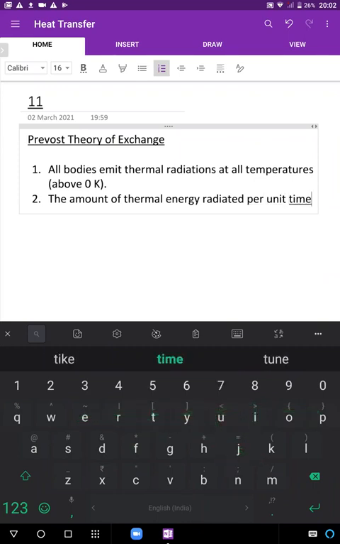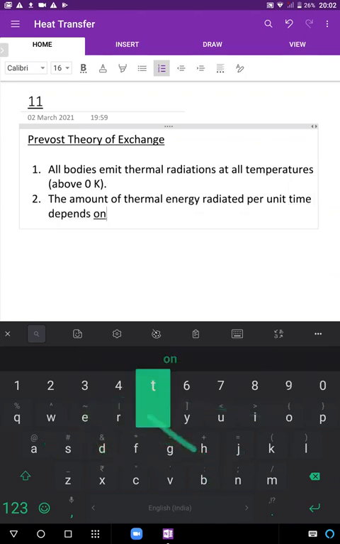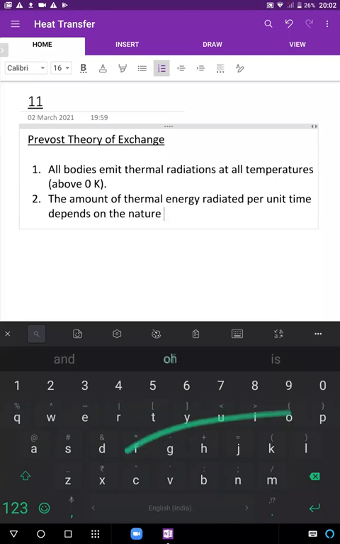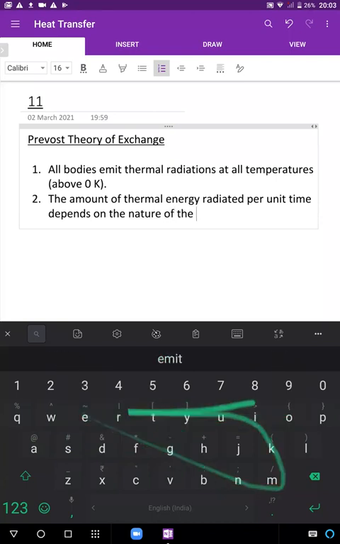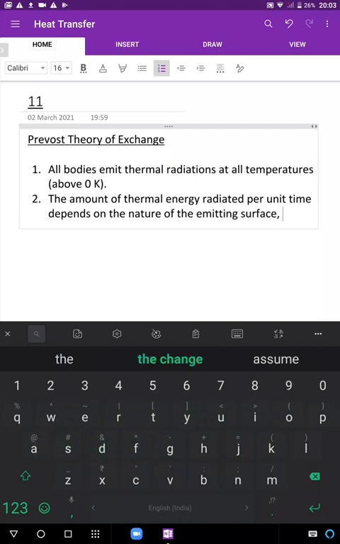It depends on the nature of the emitting surface. Makes sense? It should depend on the nature of the surface. Different surfaces will emit at different rates, which kind of makes sense.